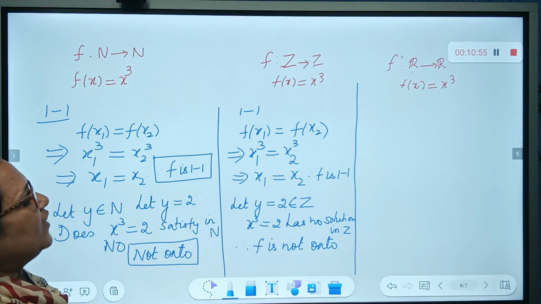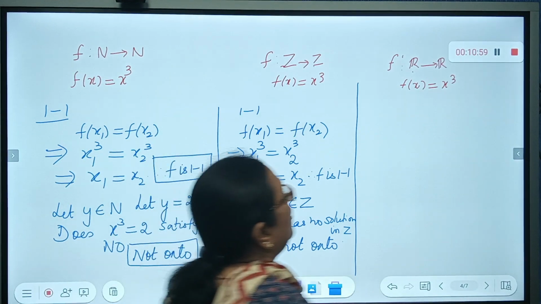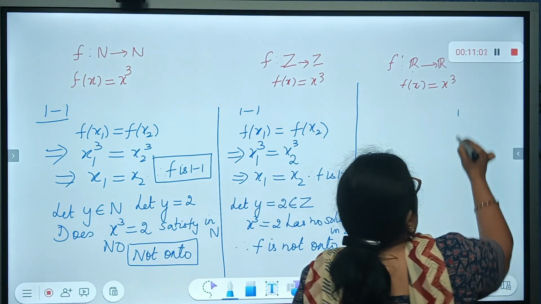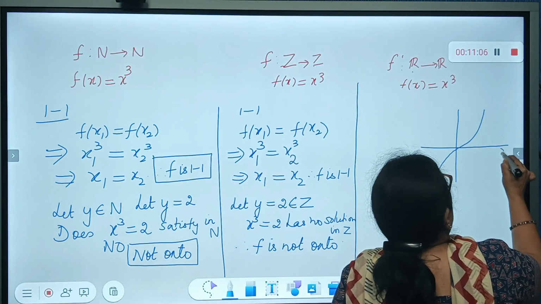Now let us look at f of x equal to x cube, where f goes from R to R, the set of real numbers. Please recall the graph of x cube.